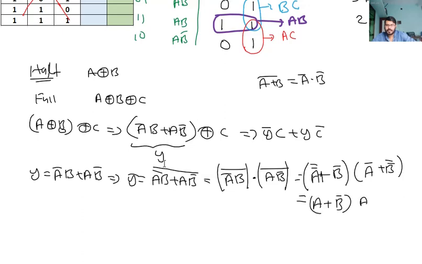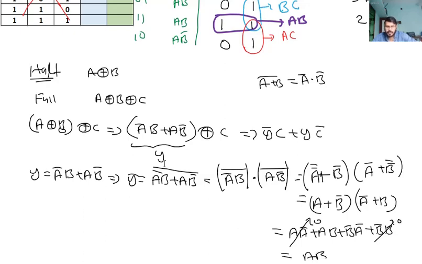This will be equal to A complement plus again B double complement B. Now if you multiply these terms, this will be A complement plus AB plus B complement A complement plus B complement or B complement B. Now A complement will go to 0, B complement will also go away. So this will be equal to AB plus A complement B complement.